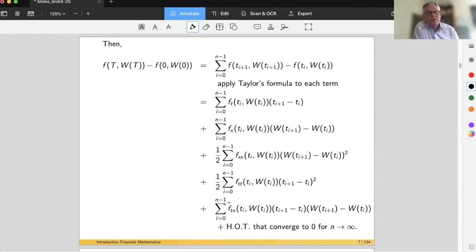Plus, of course, we can do the Taylor formula further and further, so we get higher order terms, HOT, that converge to 0 when n goes to infinity.